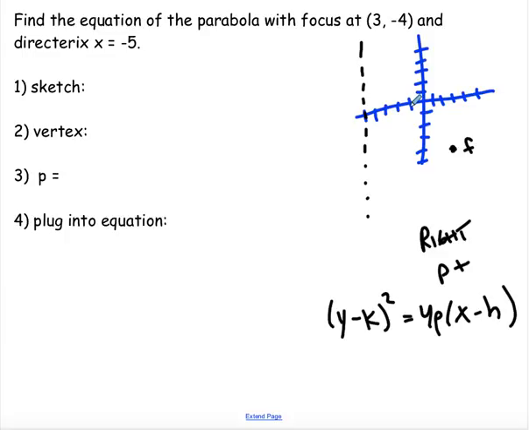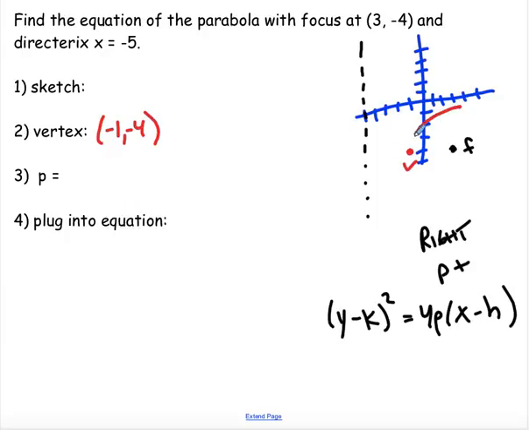It looks like right here would be halfway, and you can count over 1 in from both directions, 2 in from both directions, 3 in from both directions until you get to here. So that vertex is at the point (-1, -4).